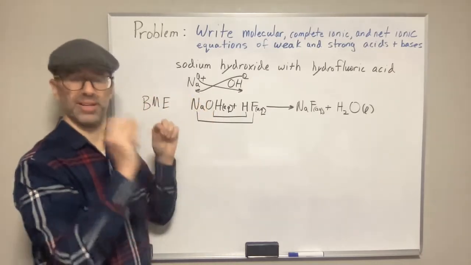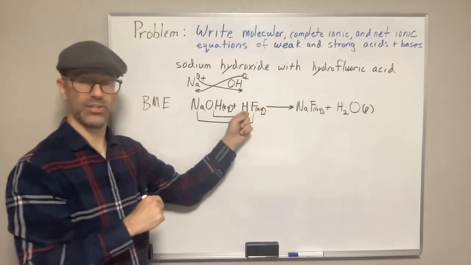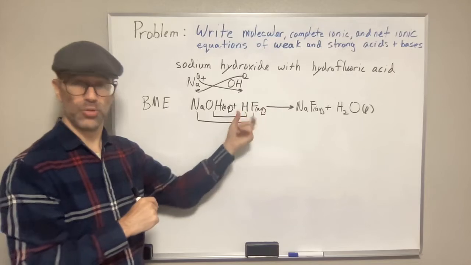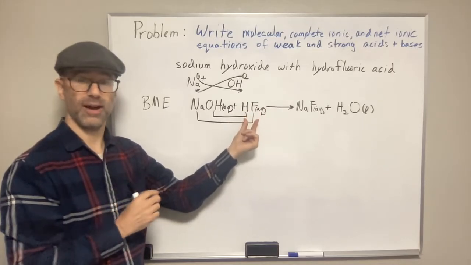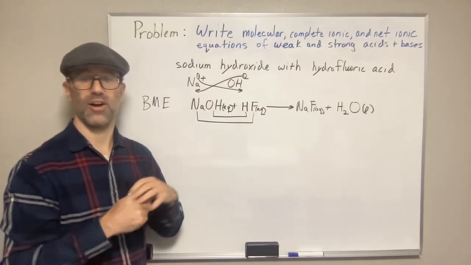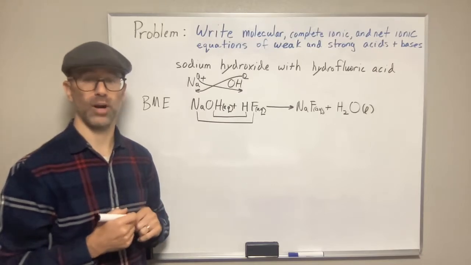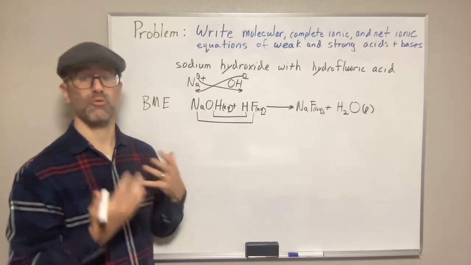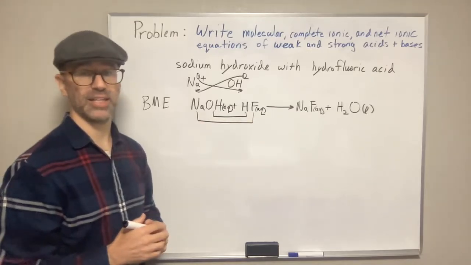You do, but it's a very, very tiny bit compared to the amount of HF you have in water. So this stays together in water for the most part. There's a tiny bit that will dissociate or ionize into your H plus ion and your fluoride ion. We need to represent that in our complete ionic equation.